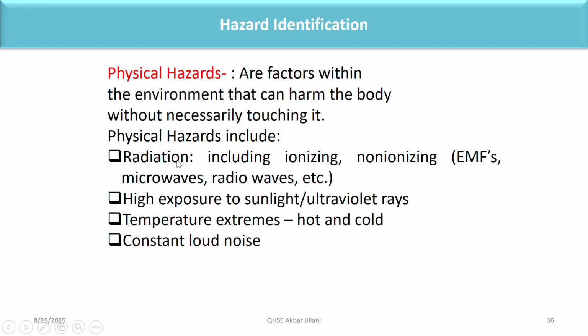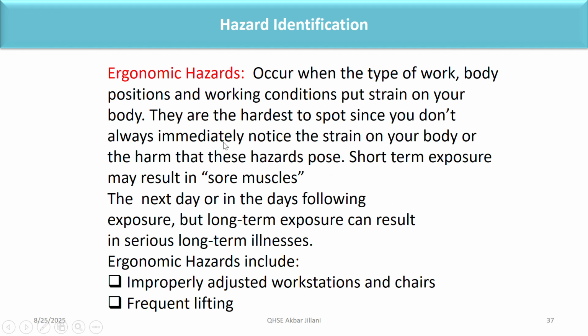Physical hazards are within the environment. Radiation includes ionizing and non-ionizing radiations, microwave, radio wave, high exposure to sunlight, ultraviolet rays; temperature extremes, hot and cold, constant loud noise, vibration. Ergonomic hazards: when the type of work, body position, and working condition put strain on your body.